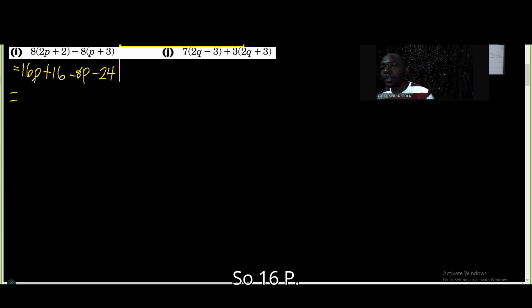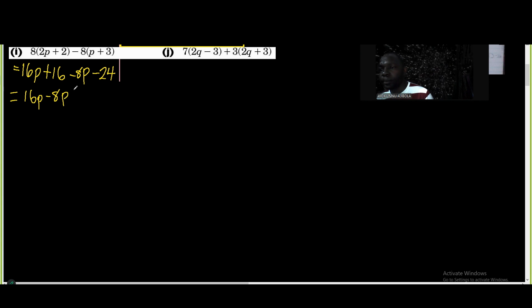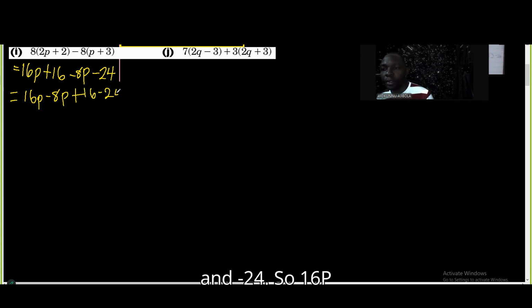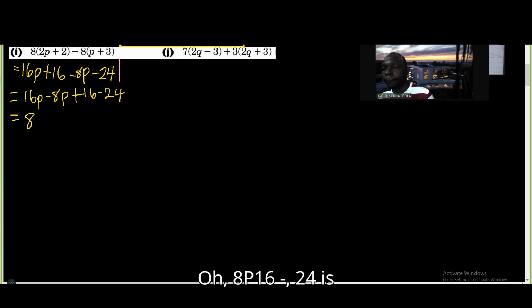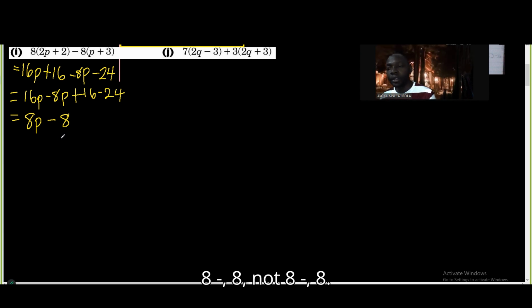So 16p. Then you bring negative 8p. Then positive 16 and minus 24. So 16p minus 8p is how many p? 8p. 16 minus 24 is what? Minus 8, not 8.